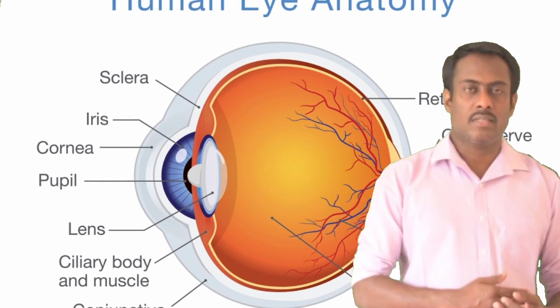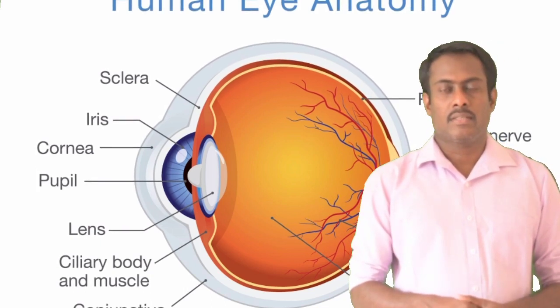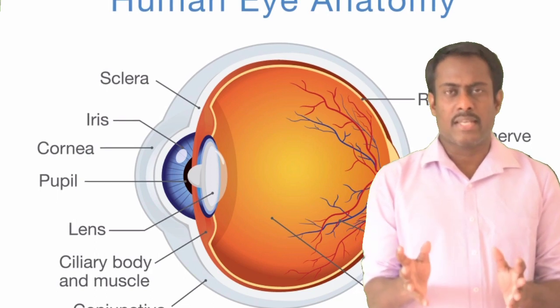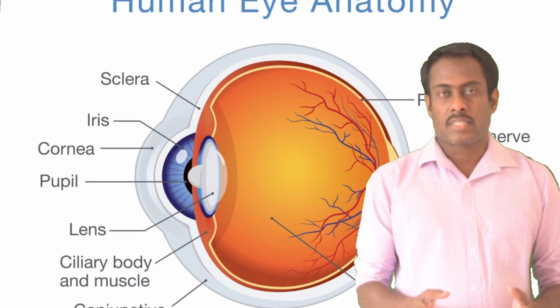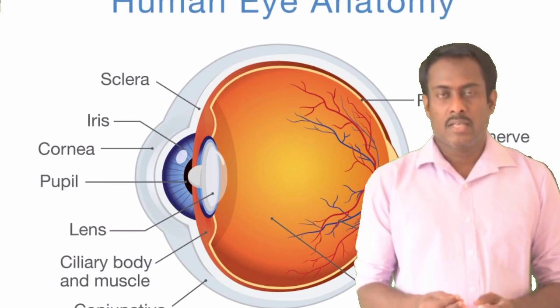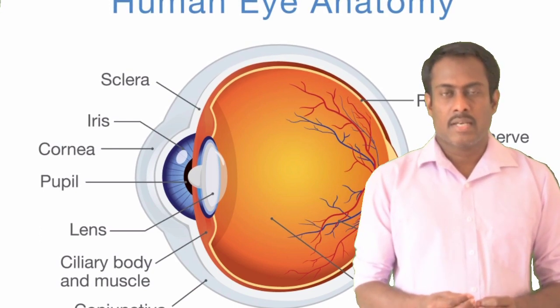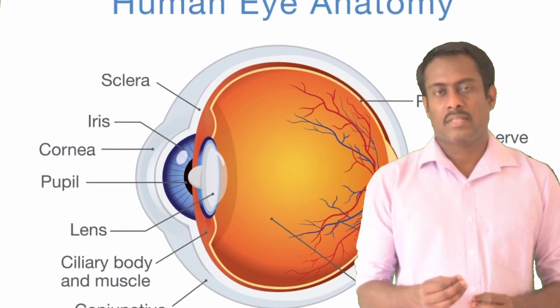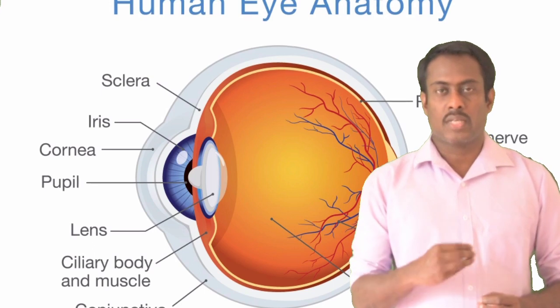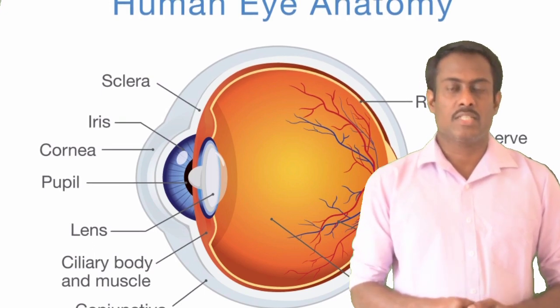When we step out into the bright light, suddenly the intensity of light disables us from seeing the things around. Then the size of the pupil is adjusted with the help of the ciliary muscles, and the proper amount of light enters the eye so that we will be able to see the things.